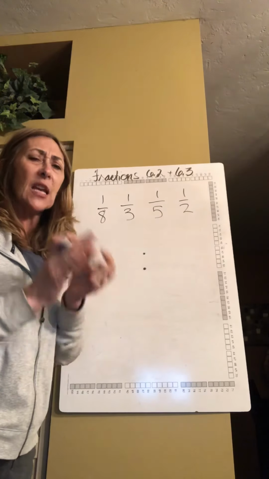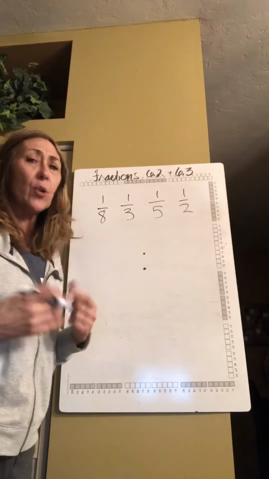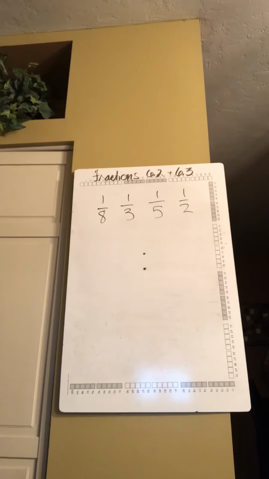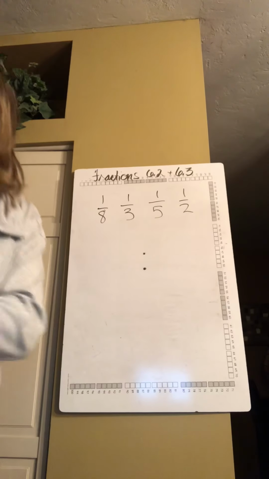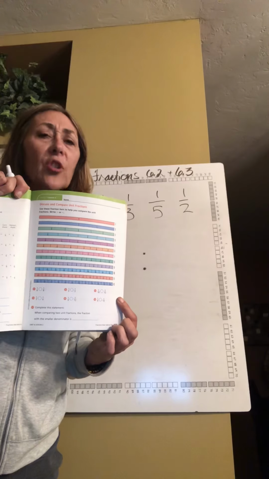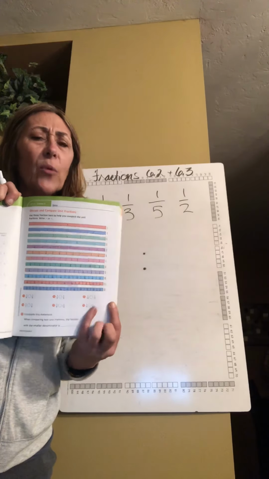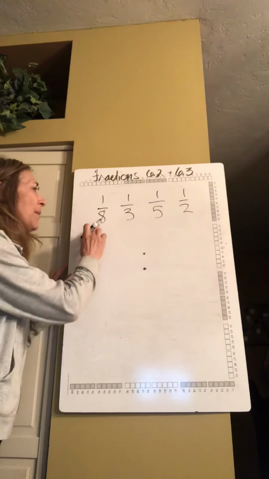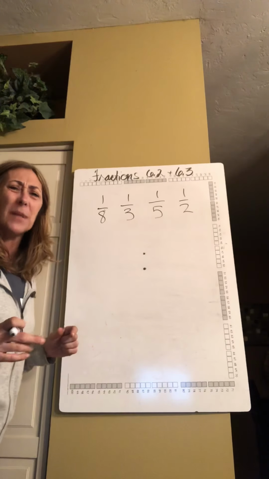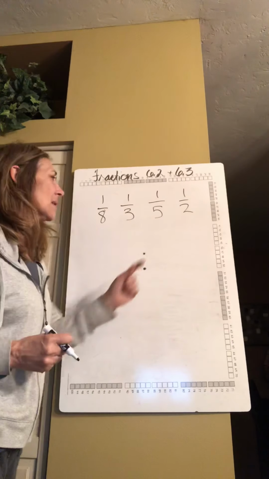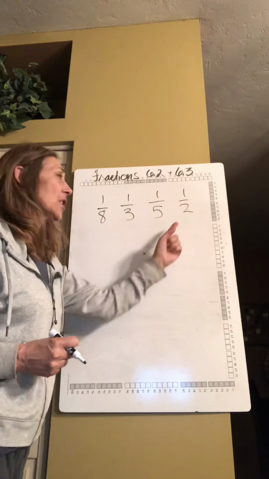So that means in my whole, and you can look at your fraction bars if you want to get an idea of that. Your fraction bars should be in your workbook. If you have your workbook, check out your fraction bars for a visual. That whole, the whole is the same size. I'm cutting that whole into 8 pieces. Or I'm cutting that whole into 3 pieces, into 5, or into 2.